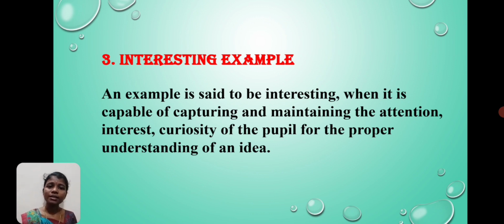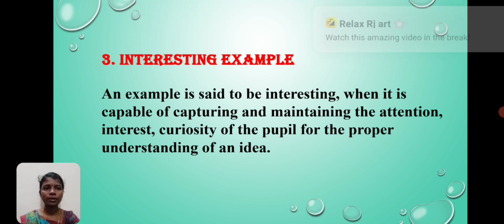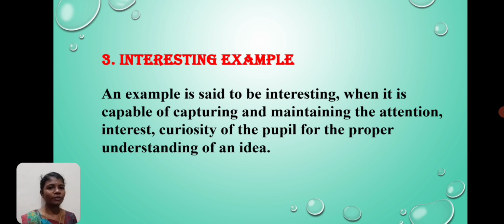The example given by the teacher in the classroom should be interesting. Only then will the students give their proper attention to the teacher, and the interesting example captures and maintains the attention, interest, and curiosity of the pupil for the proper understanding of an idea.